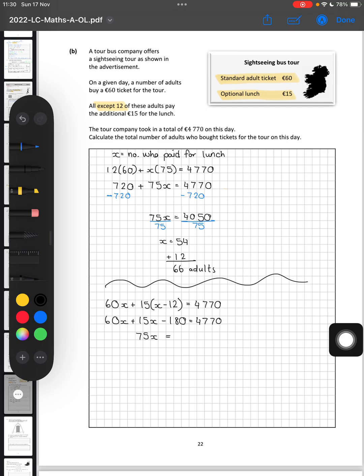So that I get 75x is 4950. And then when we get rid of the 75 by dividing, we will get that x is, so that divided by 75 is our 66. Okay, so 66 adults. Some of you did it this way, some of you did it this way. They are both perfect. So 66 adults bought tickets on the day.